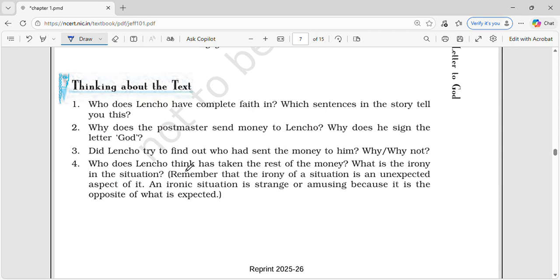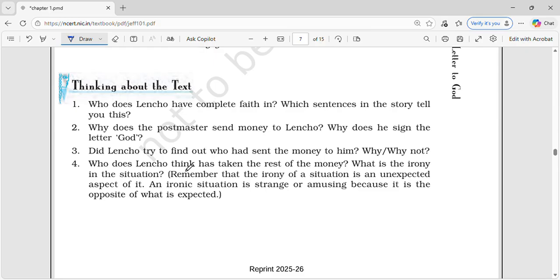So that was the irony. An ironic situation is basically strange or amusing, because it is the word of opposite होता है. The postmaster would have expected a better reaction, or a good reaction, but he called them crooks, and then he asked for the remaining 30 pesos which God hadn't sent.